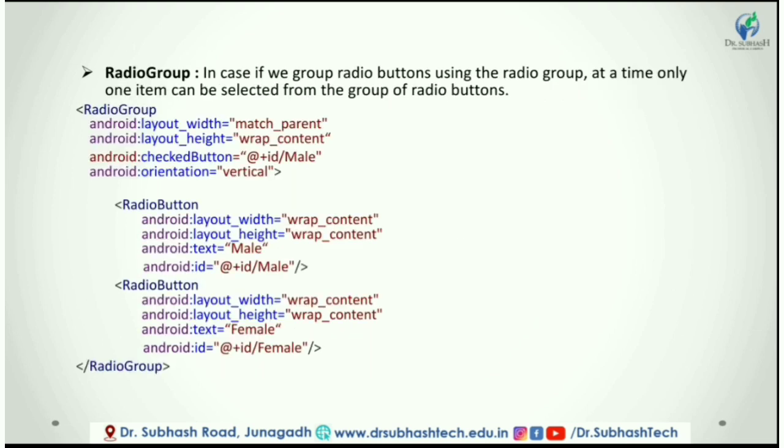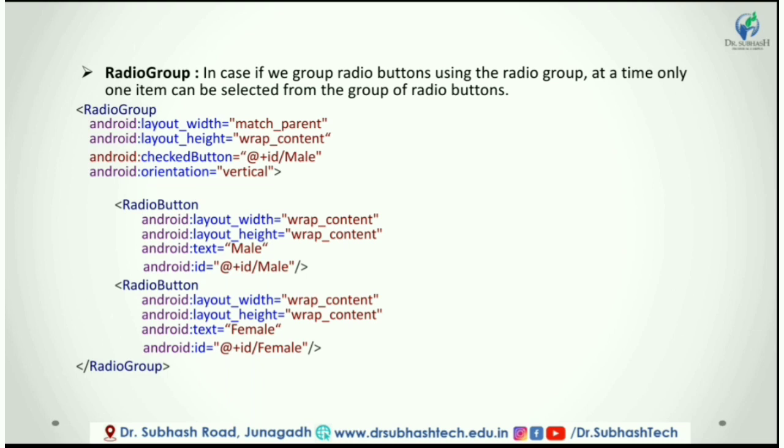Next component is RadioGroup. If we group radio buttons using a RadioGroup, at a time only one item can be selected from the group of radio buttons. As we know, this is a group element, so we need to create a radio button group. To create a group, we have the RadioGroup element in Android. To create a radio button, the RadioButton element is used. The label for a radio button is set by the android:text property and the ID is set by the android:id property. Labels are string values and we have to define them in the strings.xml file.